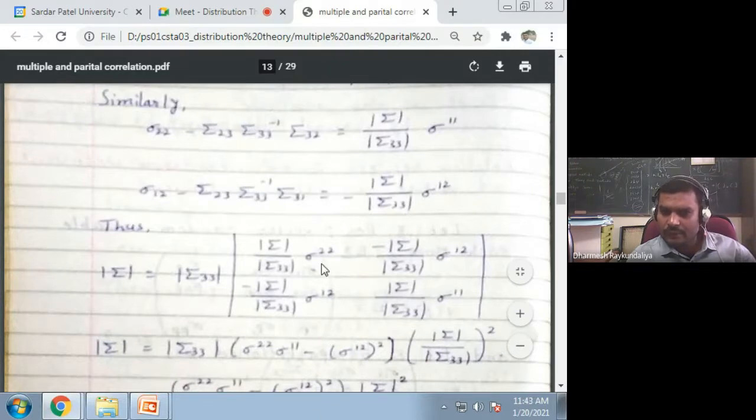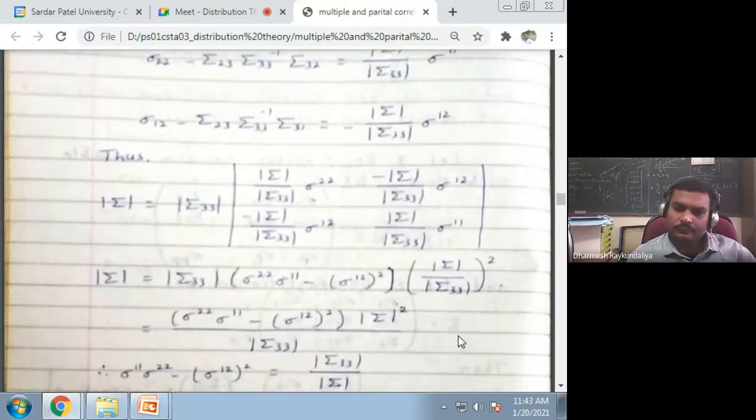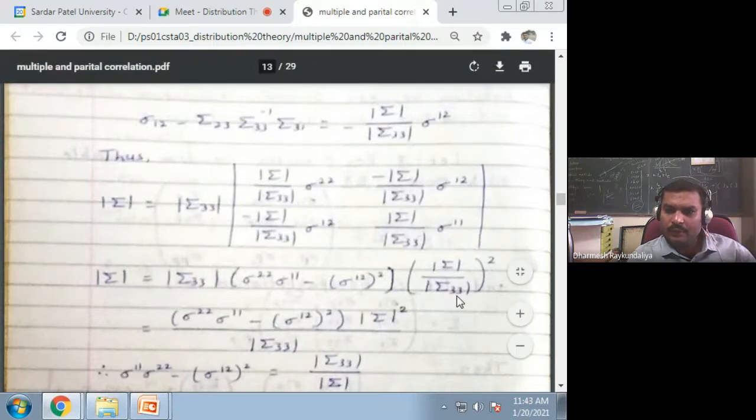So what is that? It is sigma 1 2 and sigma 2 1; sigma 1 2 and sigma 2 1 are both the same because they are symmetric. So I can write it as sigma 1 2 square, and this square is outside. So the determinant of sigma 3 3 square is here, but here it is a single quantity, so it cancels out and you have only one term.